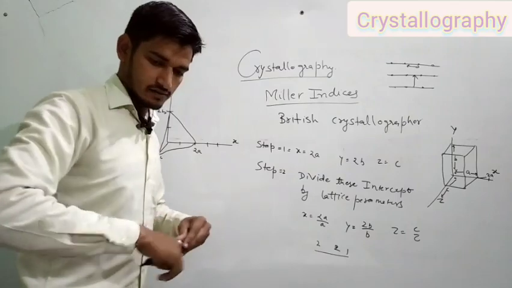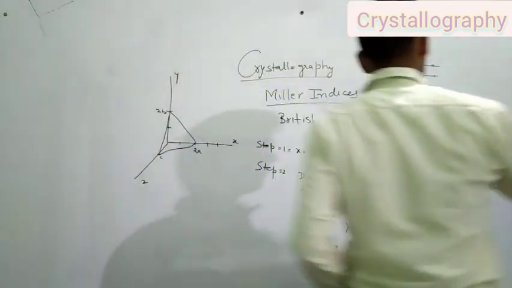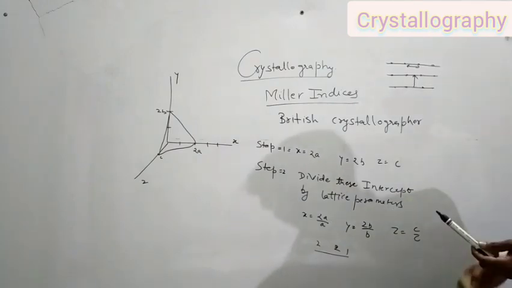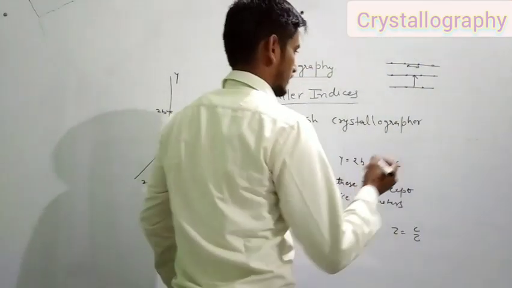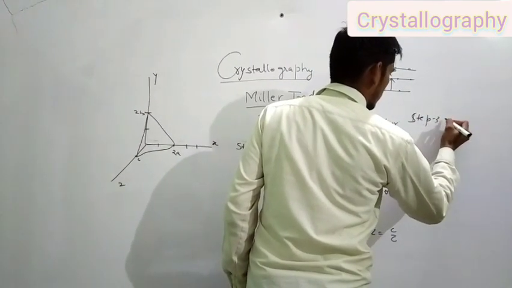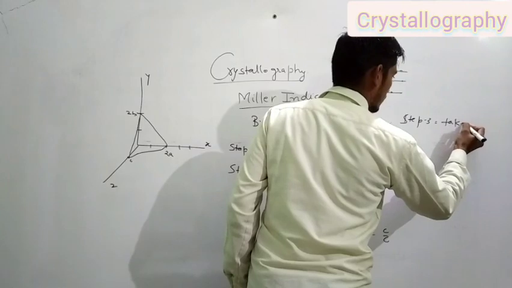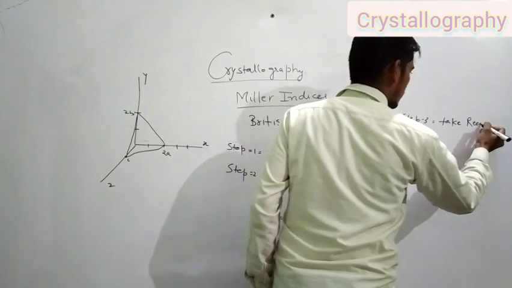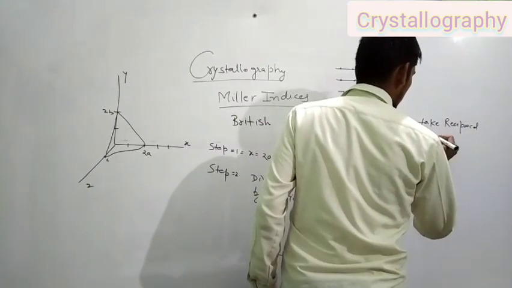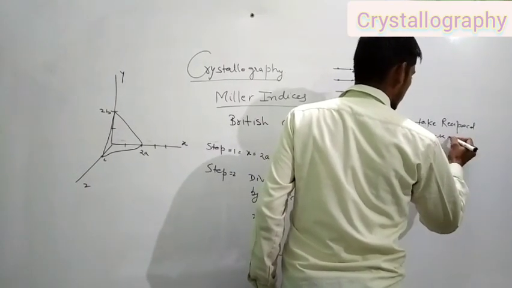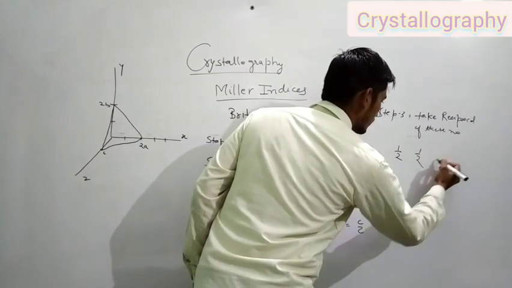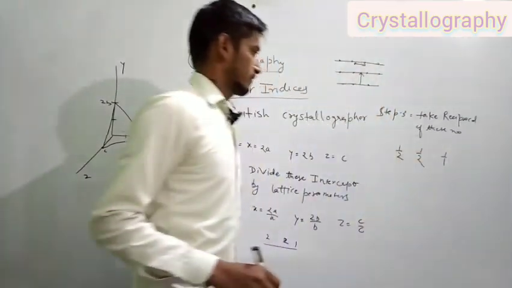In step 3, take the reciprocal of these numbers: 1 by 2, 1 by 2 or 1 by 1.